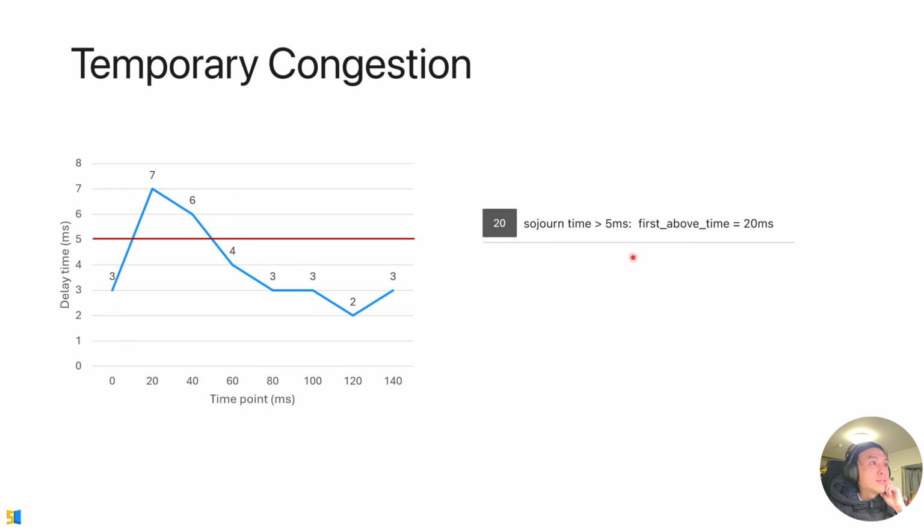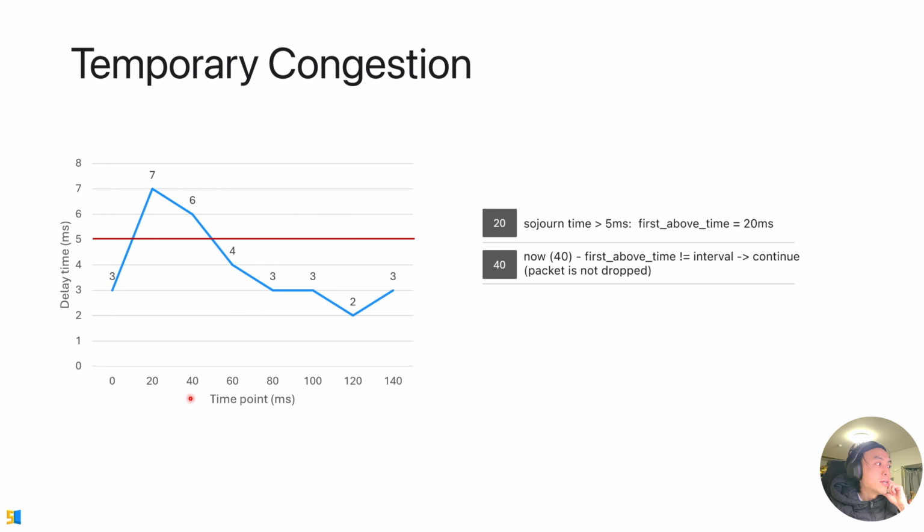At time 20, the sojourn time is greater than 5 milliseconds. So there will be a variable called first above time. First above time is when it detects the sojourn time above the target for the first time.